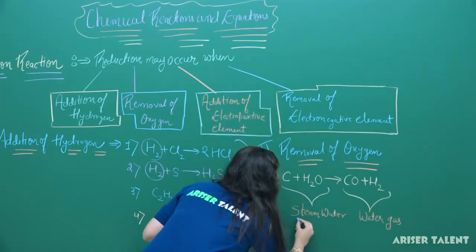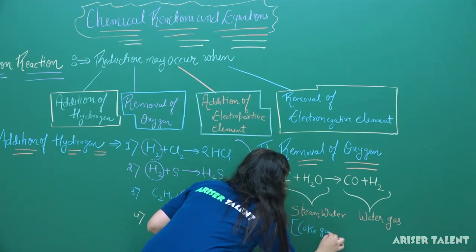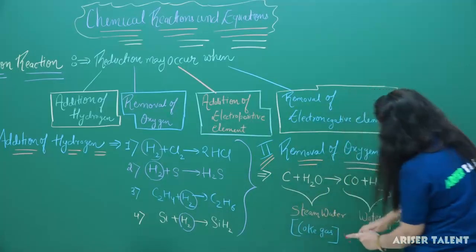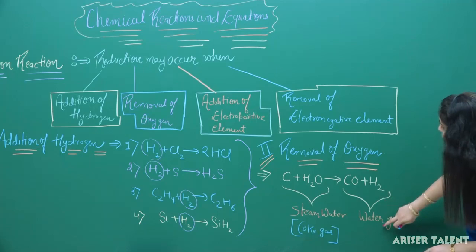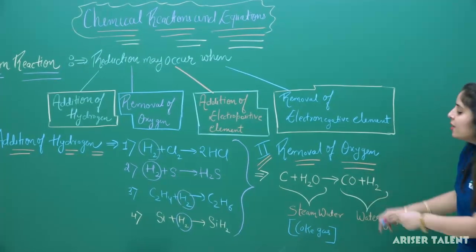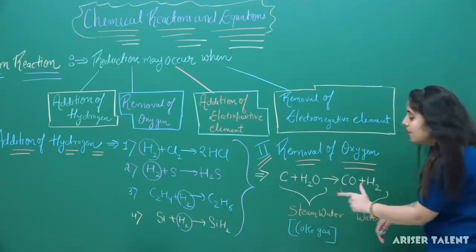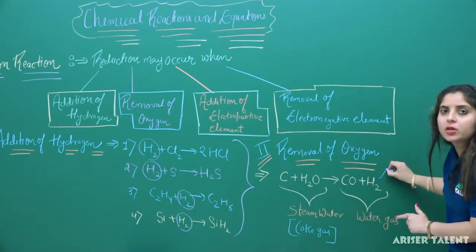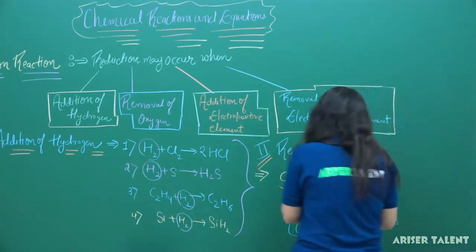What we have seen in this example is that we have provided coke gas and we are obtaining the water gas on the right hand side of the equation. See here, H2O is present with oxygen and oxygen is removed, and on the RHS we will get hydrogen. It means there is a removal of oxygen in this equation.